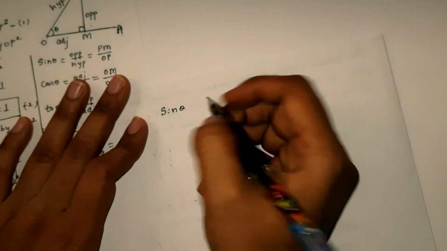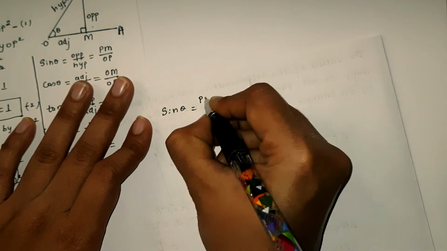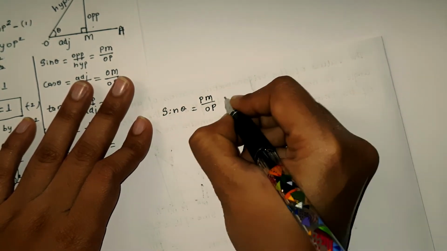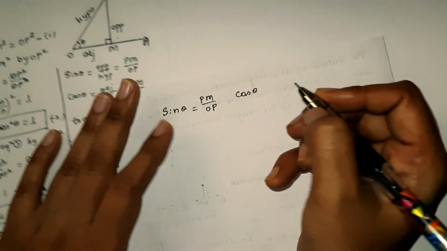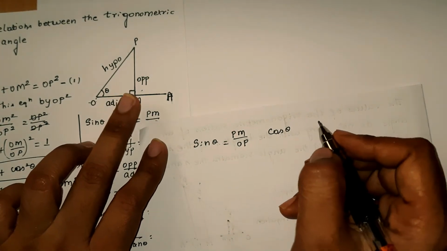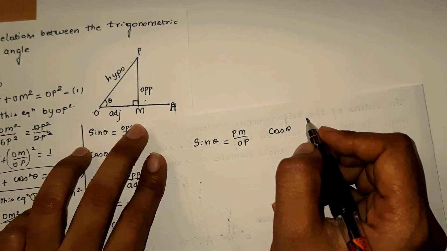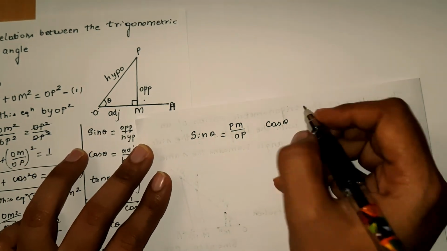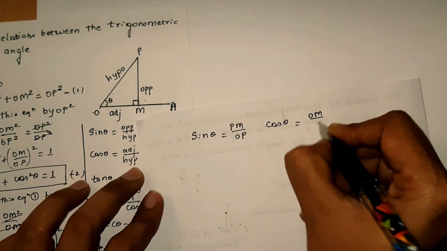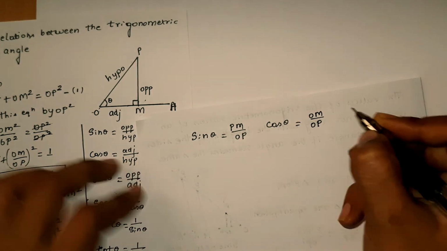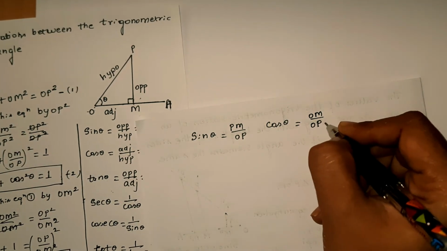Sin theta is given by PM by OP. That means according to this diagram, it is given by PM by OP. Again, cos theta is given by OM by OP. That is adjacent by hypotenuse.